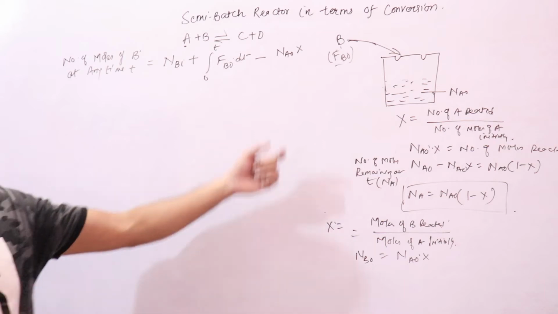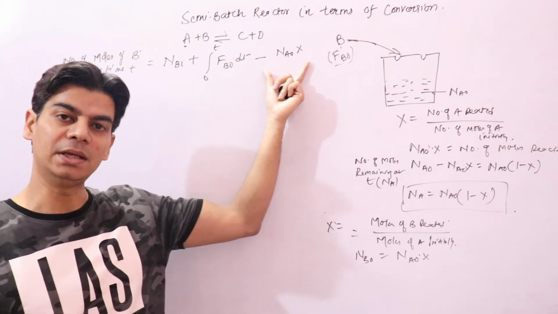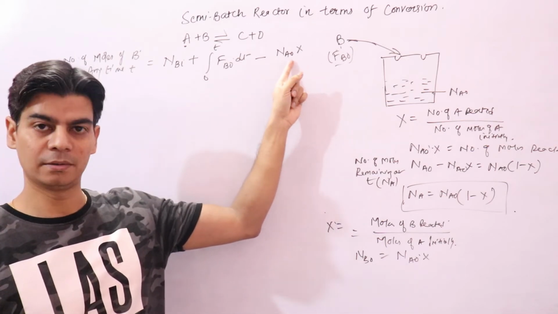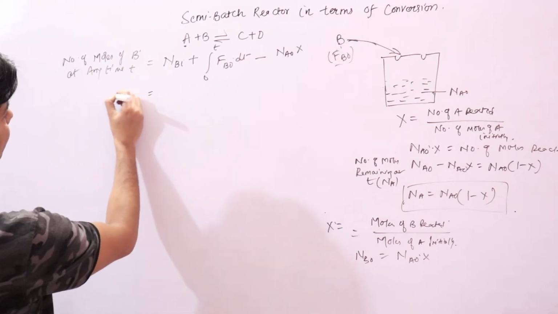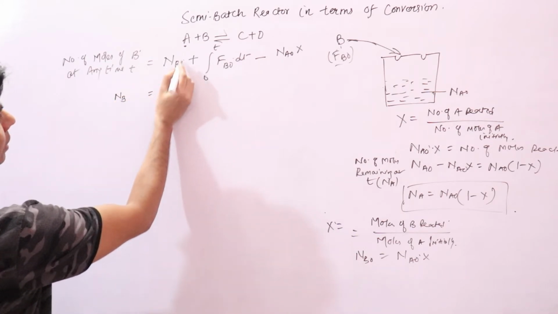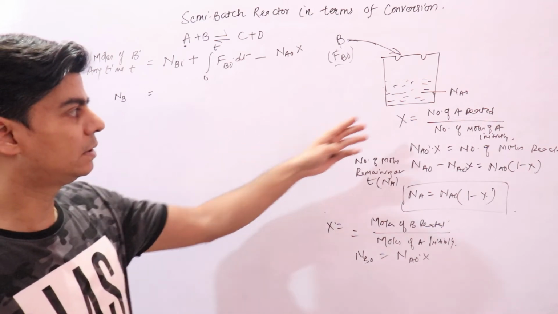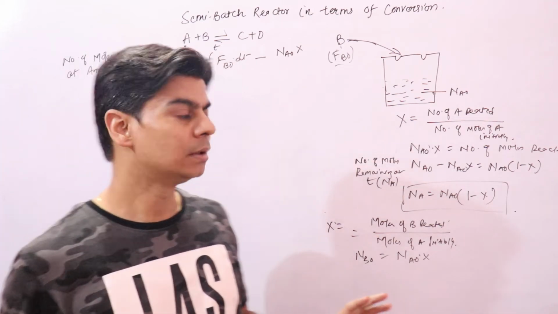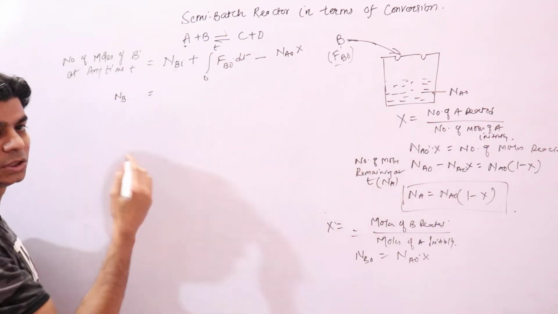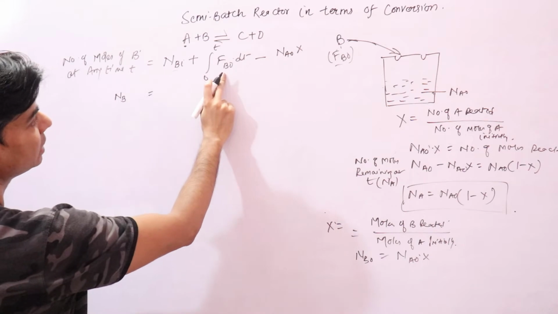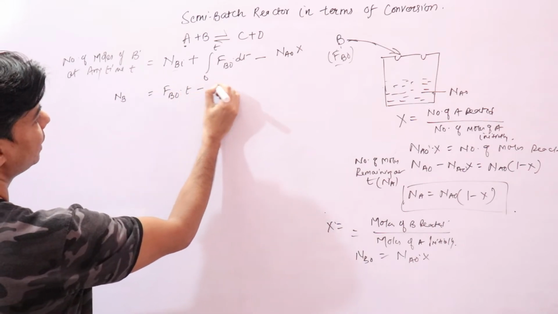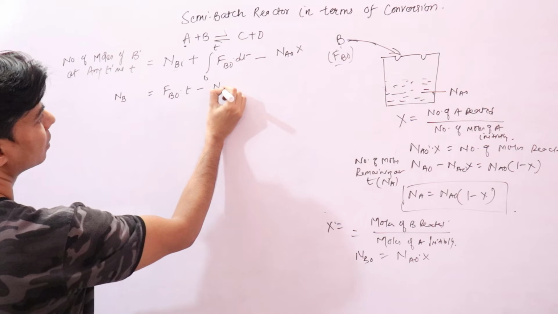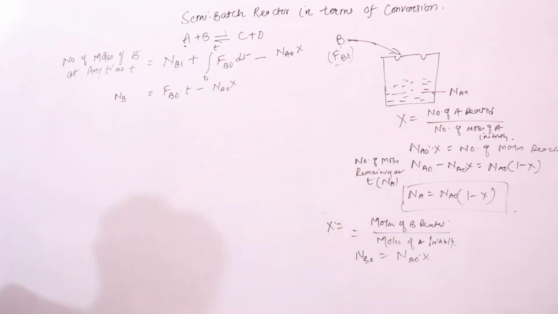So this is B remaining at any time t in terms of A, right? This is what we are writing. So this would be NB. Initially in the semi-batch reactor there is no B, right? So the B is 0 plus FB0. If you integrate this, it would come out to be FB0 t minus Na0 X, right?